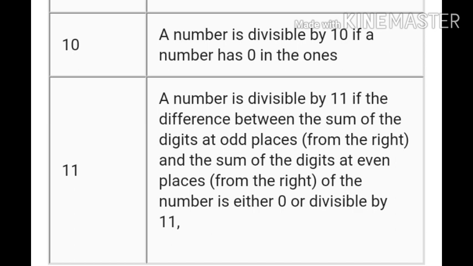So, to check whether the number is divisible by 11 or not, first we have to find out the sum of the digits at odd places and the sum of the digits at even places. Then, find out the difference of the sums. If we get 0 or a multiple of 11, then the given number is divisible by 11.